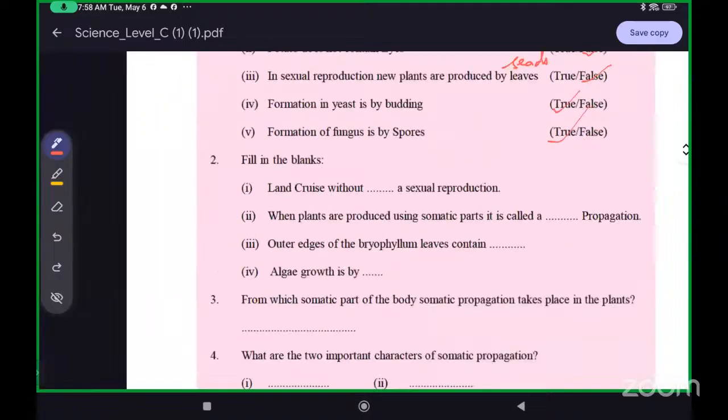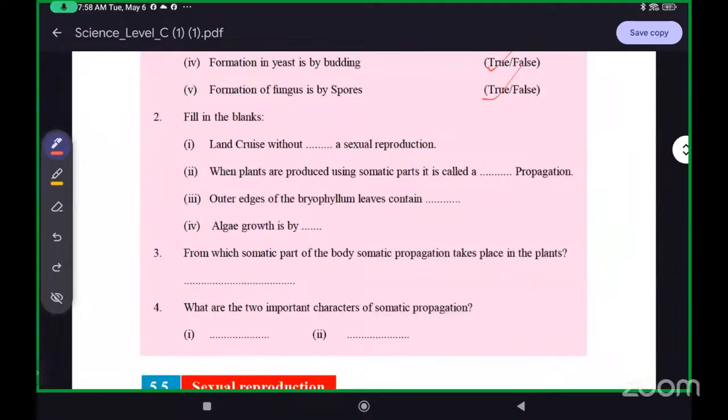Okay. Fill in the blanks. Land grows without dash asexual reproduction. I think there is a printing mistake here. Second one, when plants are produced using somatic parts, it is called dash propagation.